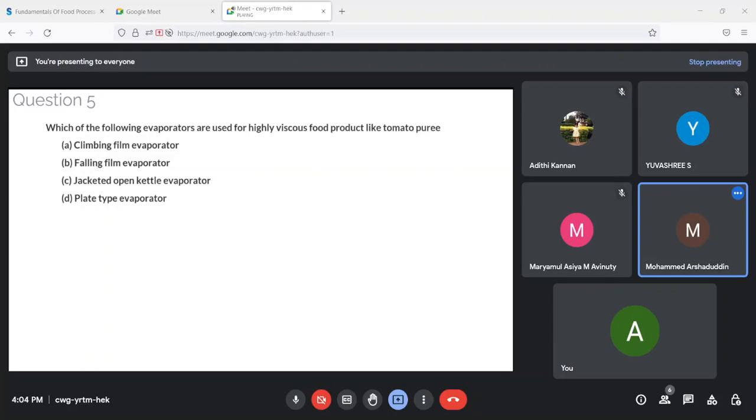So what happens when you heat an already viscous food product? Yeah, the answer is C, but what is the logic behind it?